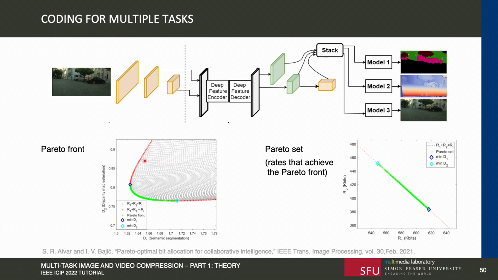The reason they're not is that if you are located at one of these points, you can change your bit allocation a bit to move this way, and that type of move would improve both distortions simultaneously. Whereas the requirement for Pareto optimality is that you cannot improve one objective without hurting another.